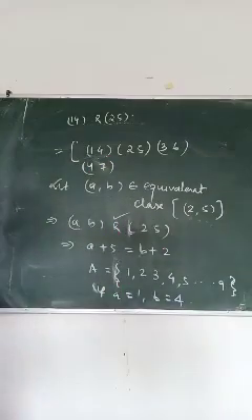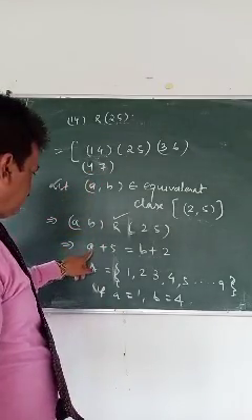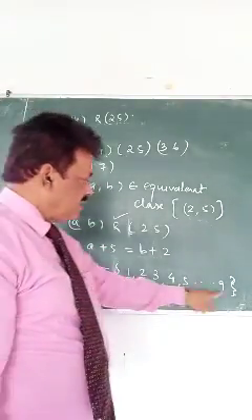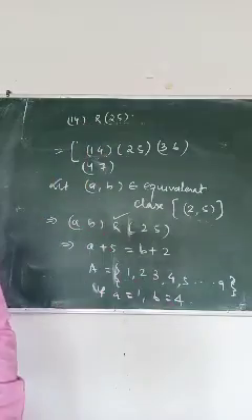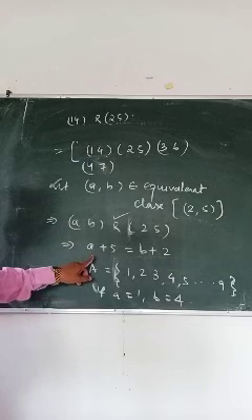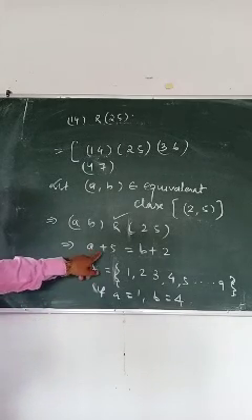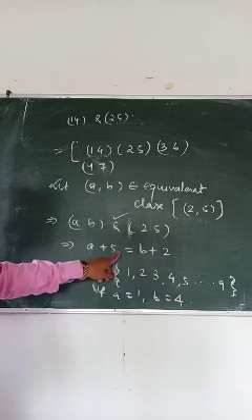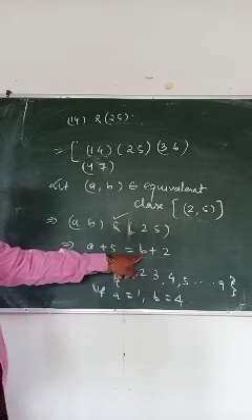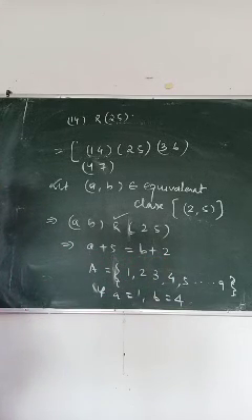Okay. Then 5 though you cannot put because 5 you put here, 5 plus 5 is 10. Our element is up to 9. So what shall be? 5 plus 5 is 10, B plus 2, 5, 8. Element is up to 9.